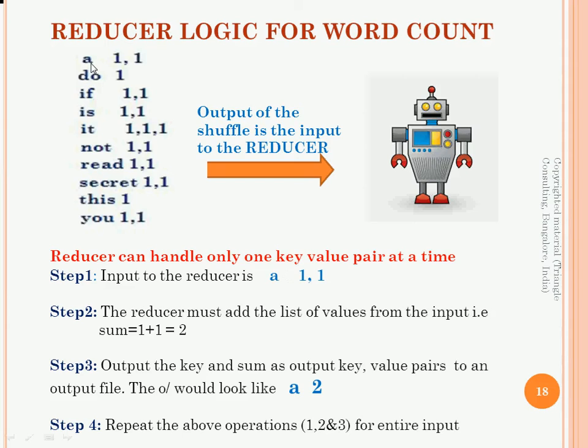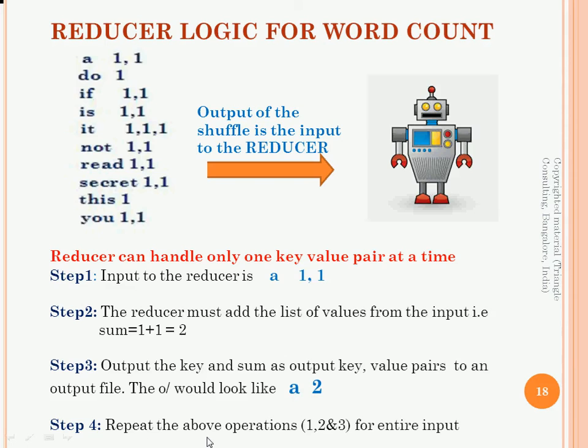The key is the letter A, and the value is now a list of values, 1, 1. Step 2, the reducer must add the list of values from the input, that is sum equals 1 plus 1, and then output the original key as the key, and the value must be the sum of the values. So the output of the reducer is going to look like the letter A followed by 2.